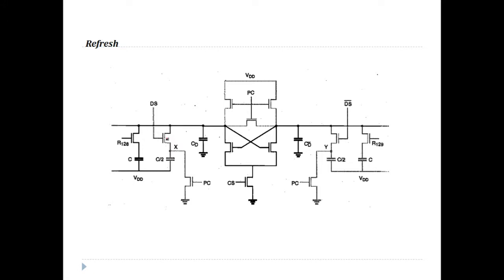So during refresh cycle, C is equal to 1, PC is 0, all these transistors are off. Now the selected row is on. So row select of this is on. Both dummy signals are off. Now we know that if it is earlier storing 0, now this circuit acts as the sense amplifier.